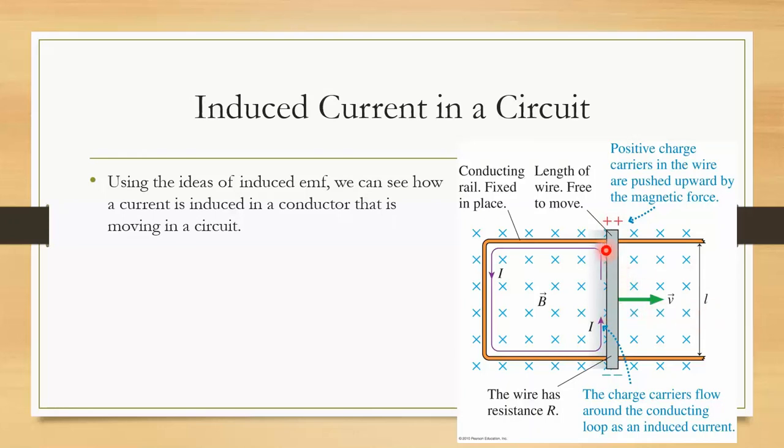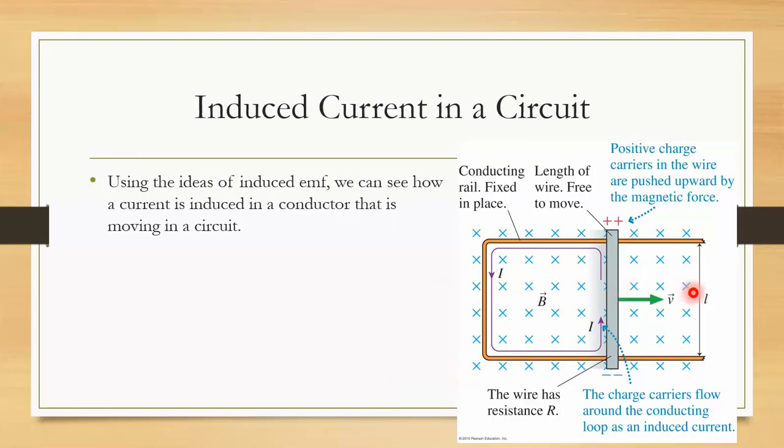So what I have created is the same kind of conductor moving, but now it's connected to a conductive rail. This rail is basically going to create a circuit for me. So I'm going to use the ideas of induced EMF and see how to create a current for a conductor moving in a magnetic field.